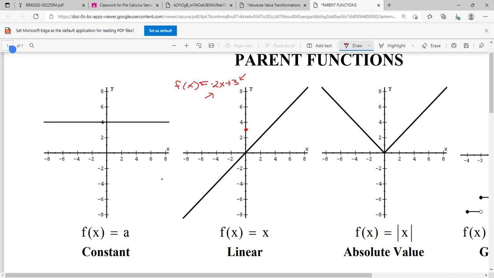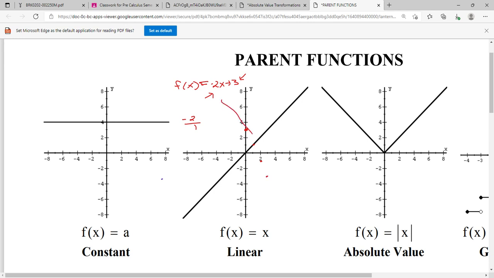And remember, that's rise over run, so negative 2 over 1. So we moved our graph up 3, and then we're changing the slope to negative 2 over 1, that means go down 2 over 1. So that'd be right there. Down 2 over 1, that would be right there. Down 2 over 1, that would be right there. And we can plot our line.